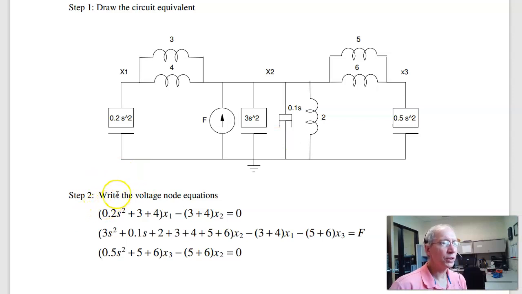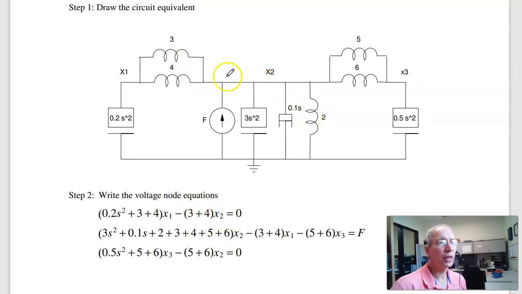Now write your voltage node equations. And that would be at node 1, all the admittances attached to the node, 0.2s squared plus 3 plus 4 times x1, minus the admittances between nodes 1 and 2, 3 and 4, times x2, is the current to the node.